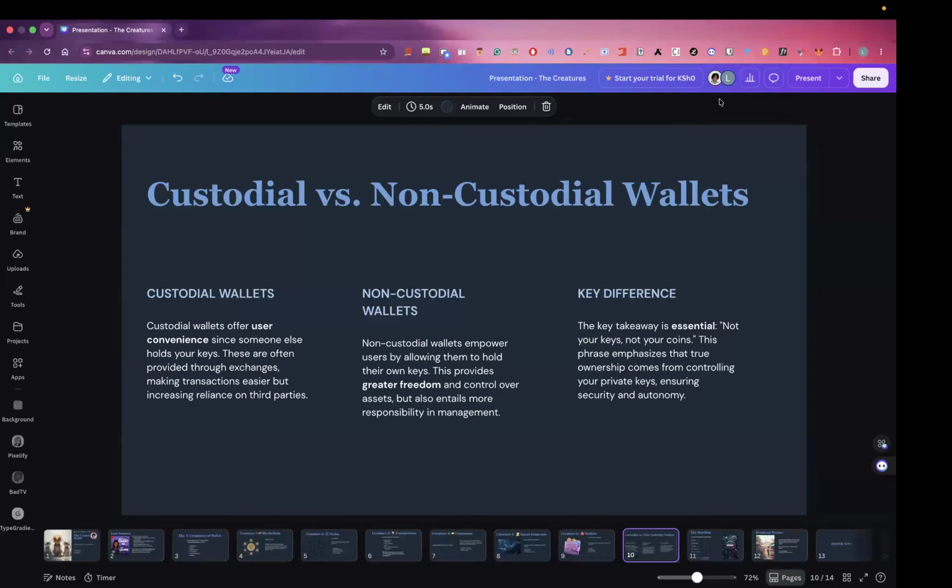The problem with these is that they're vulnerable to attacks because they are always online. They can easily be exploited by attackers. And then we have the cold storage, which are hardware wallets.